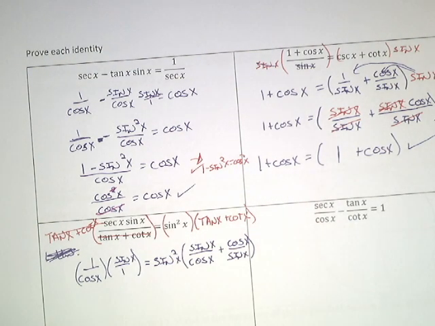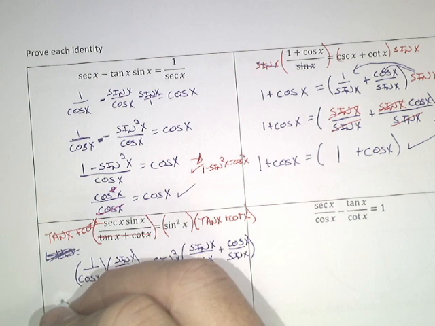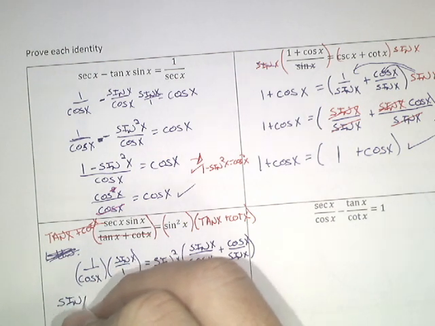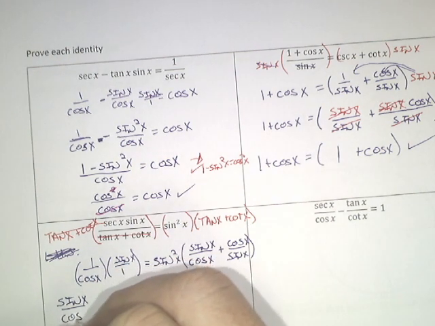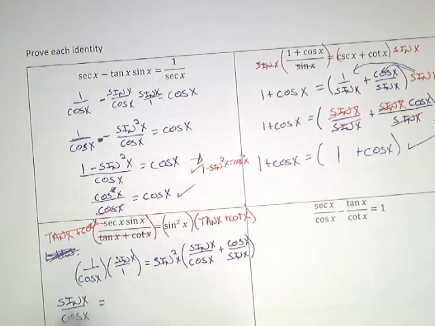So let's fix this over here. This side is going to be sine x over cosine x, which will be tangent, but we'll leave it like that for just a second.